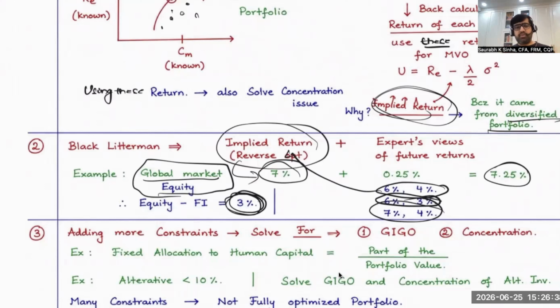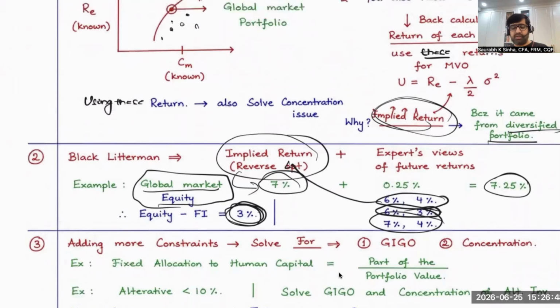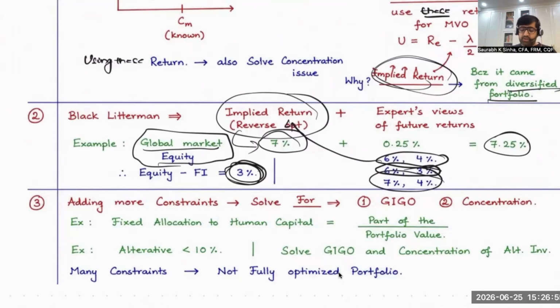It is completely up to you, right? So adjust the expert opinion in these implied return. If you're not happy with the plain vanilla return given by the reverse optimization method, this method.